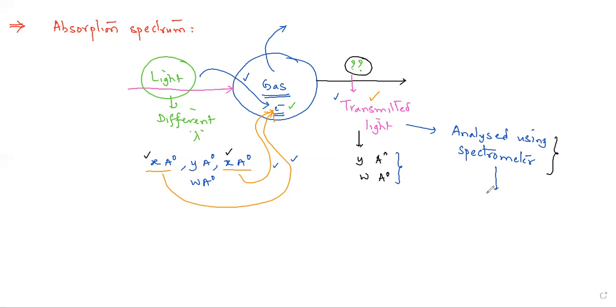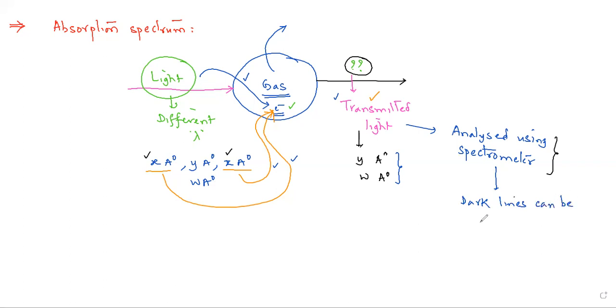When you analyze the transmitted light, you can see some dark areas because X and Z have been absorbed. In those missing areas, you can see dark areas or dark lines.